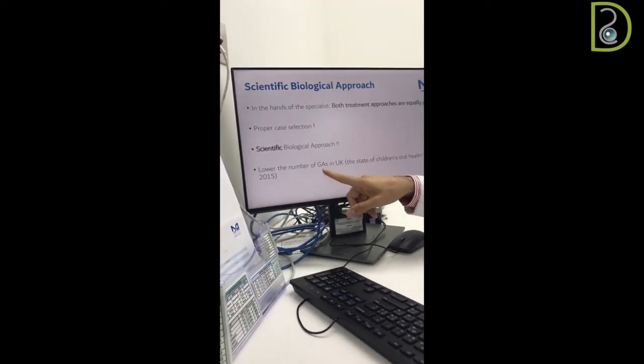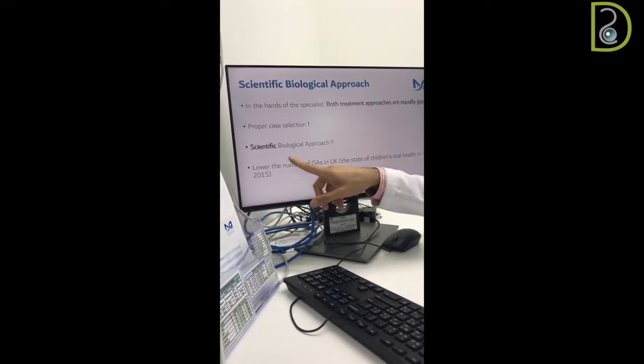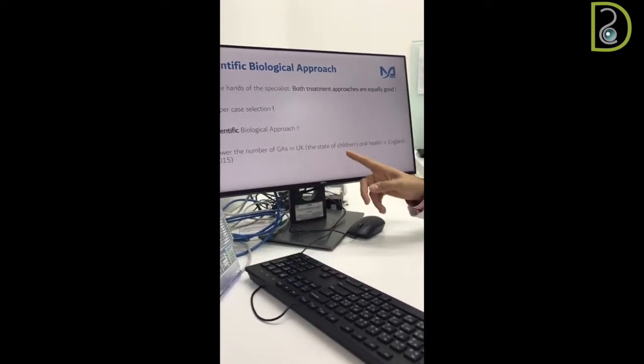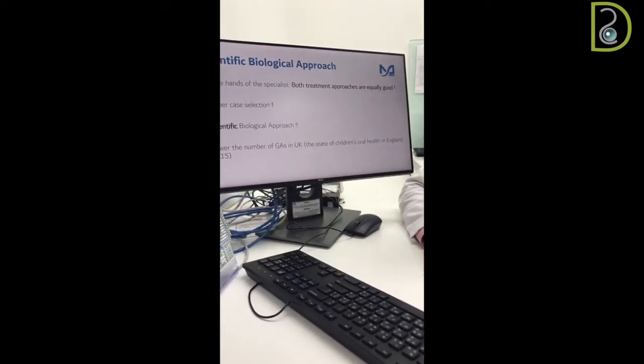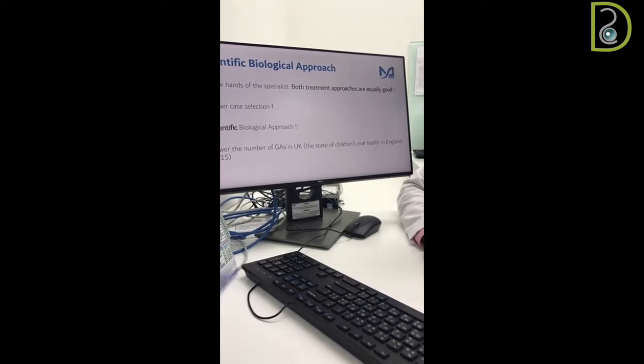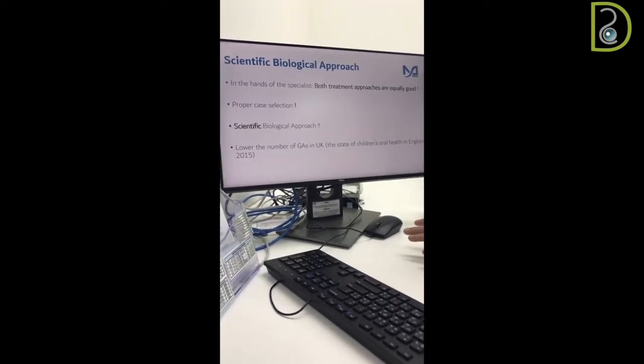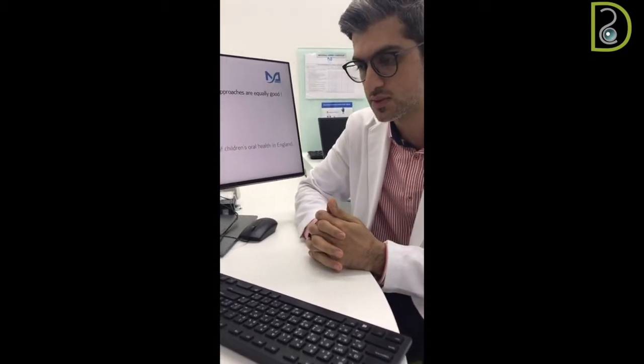There was also a lower number of general anesthetics. In the UK in 2015, in the State of Children's Health in England report, they found that by having the Hall technique in their toolbox, they lowered the number of general anesthetics for pre-cooperative children. The same here in our hospital and university: we have saved many children from going into general anesthesia.